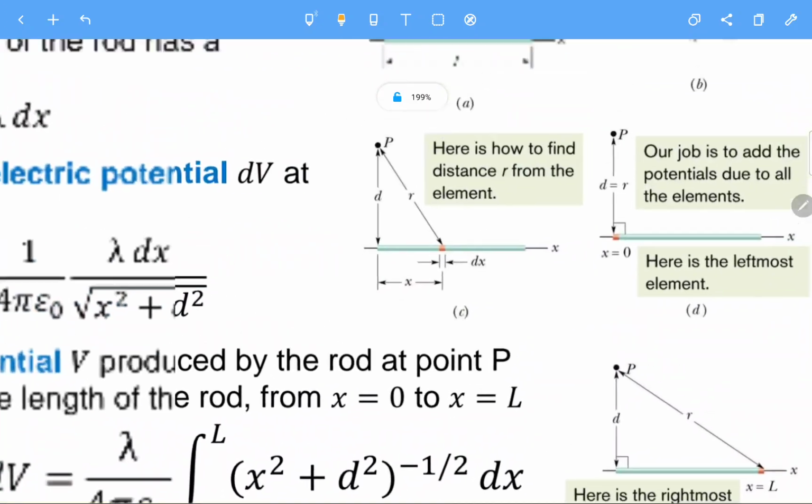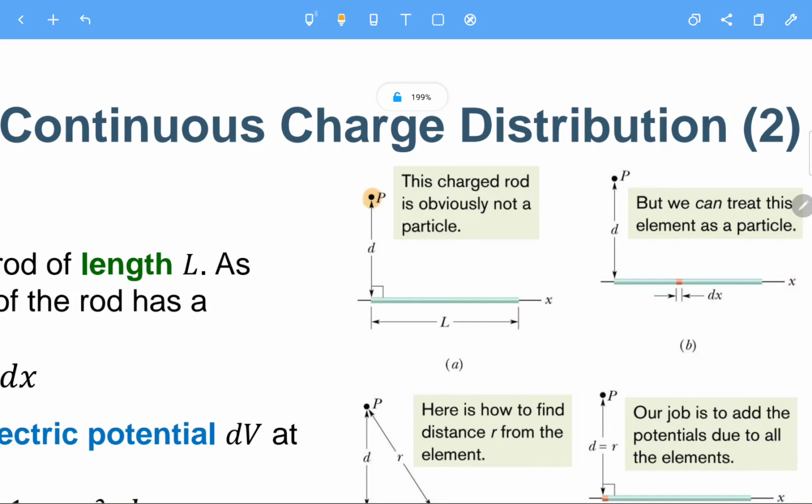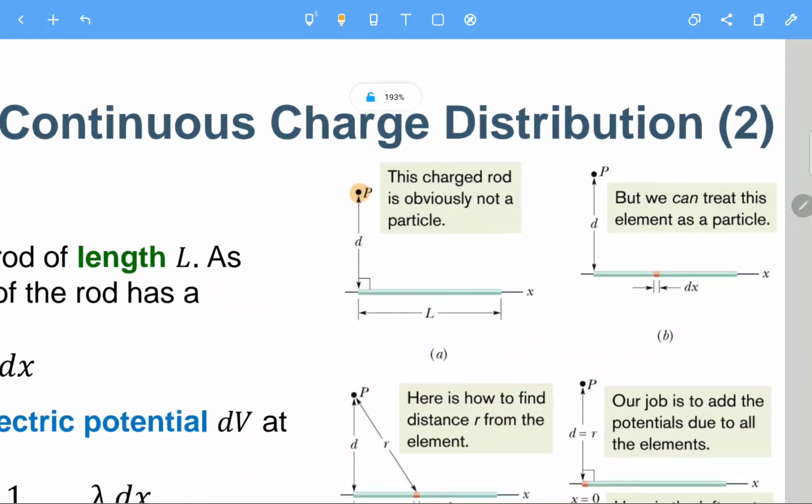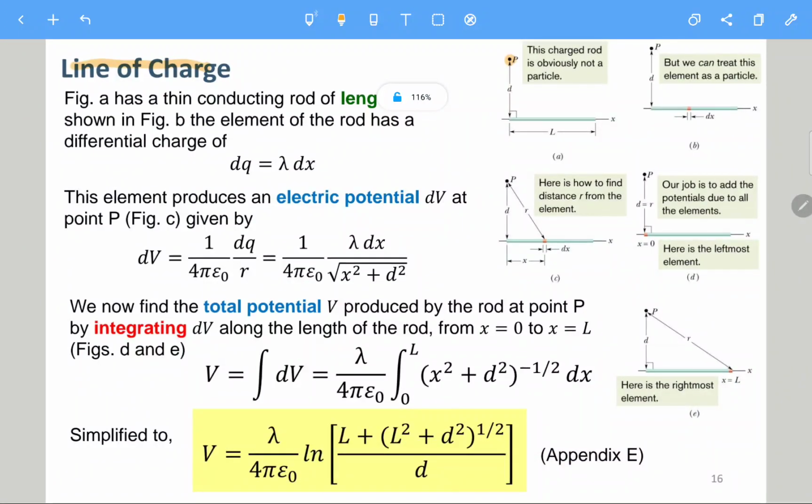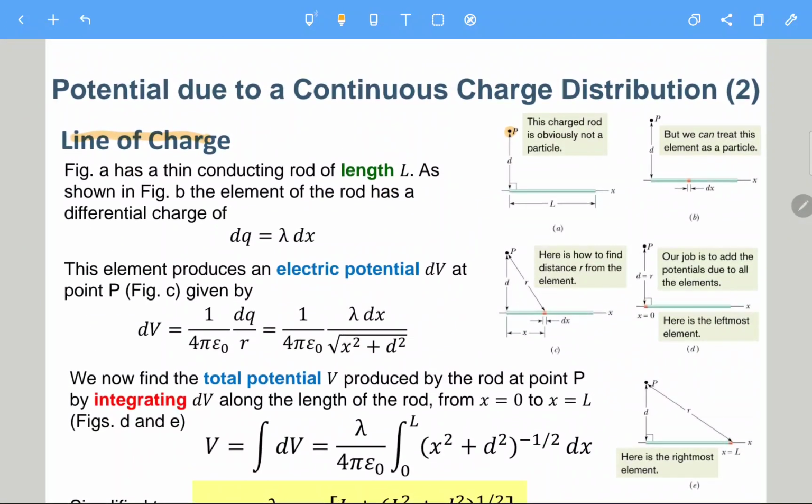So we have a line of charge here, and we consider the potential at point P. Now here we have a thin conducting rod of length L, as shown in figure B. The element has a differential charge dq equals lambda dx.